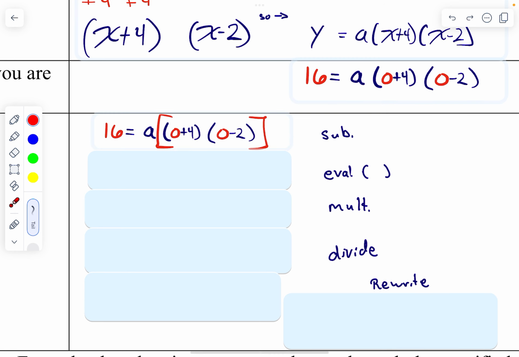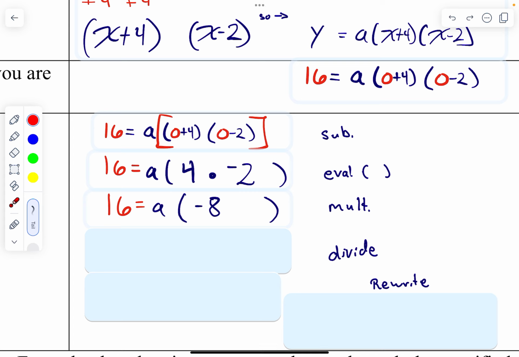So we've substituted in those values. The next thing we're going to do is evaluate within the parentheses. So 0 plus 4 is 4, 0 minus 2 is -2. So I get 16 equals a times, all in parentheses here, 4 times -2. Now I'm going to multiply those two together, and I get 16 equals a times -8.